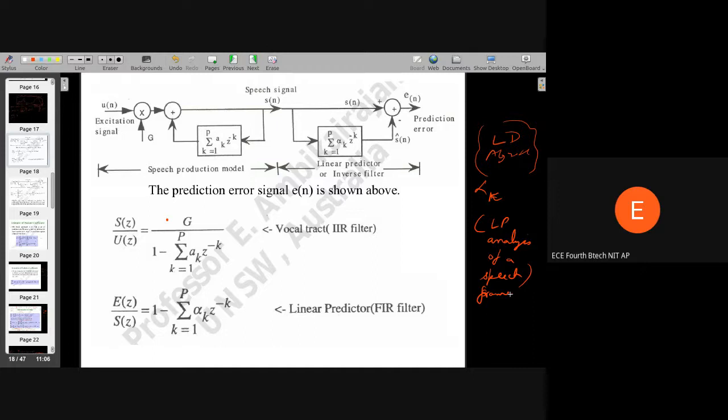So let's see what the source filter theory says and what we are trying to do. According to the source filter theory, we have an excitation signal, and the result is your speech signal s(n).